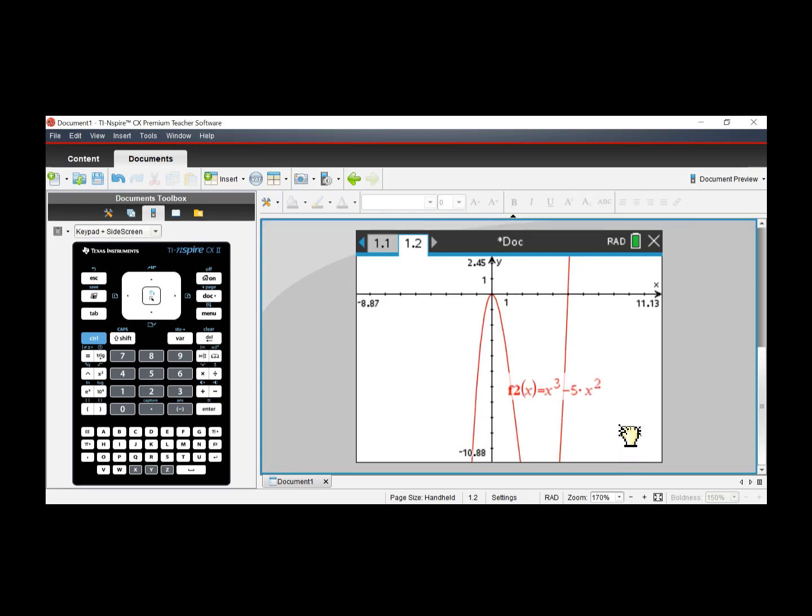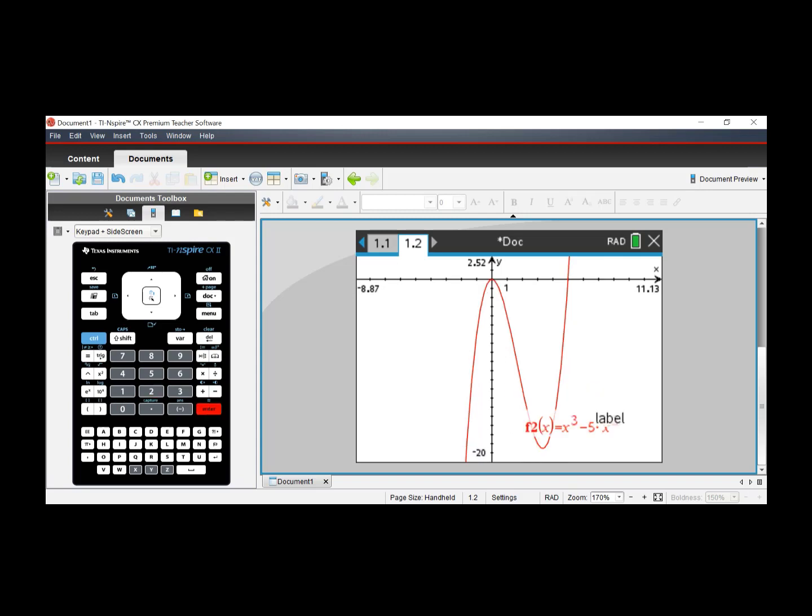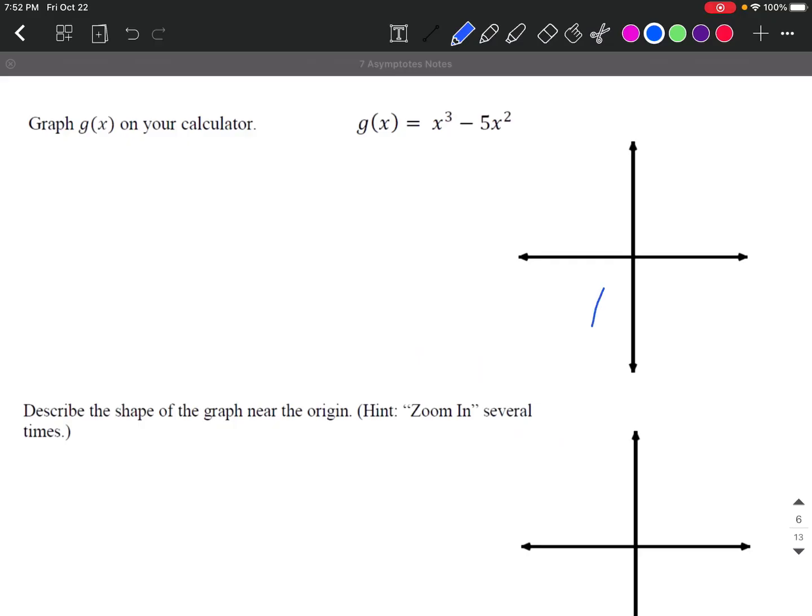I'm going to slide this. Maybe we're just going to change this. Let's try negative 20. How does that work? There we go. Now we have a graph where we can see the maxes and the mins. Okay, so our graph looks something like this.